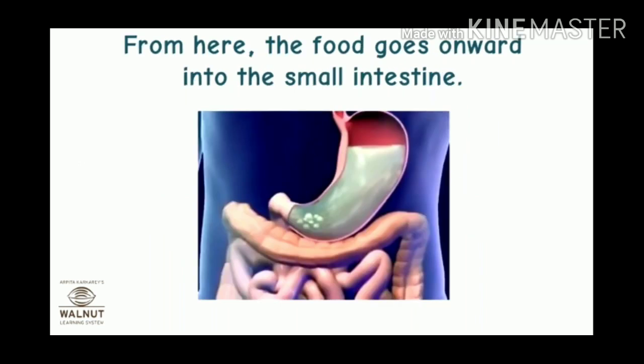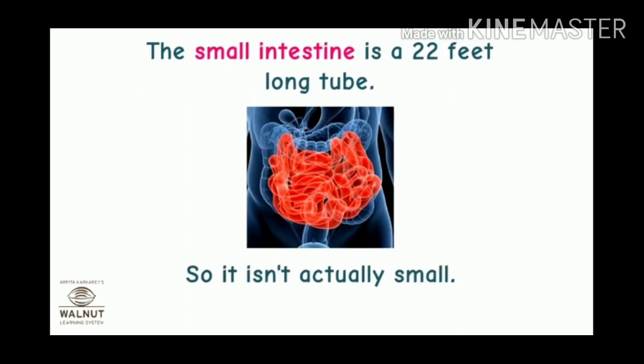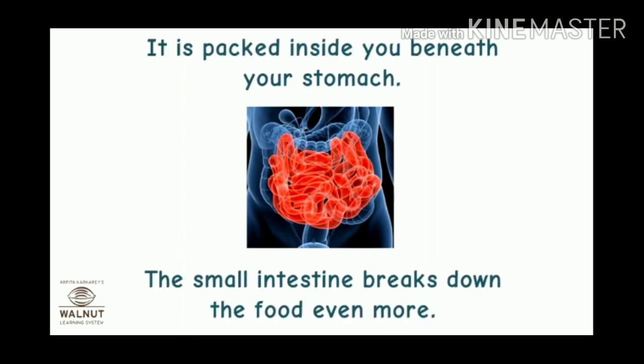So students, from the stomach, the food goes onward into the next part of the alimentary canal, which is the small intestine. This small intestine is a 22 feet long tube, so it is not actually small. It is packed inside you beneath your stomach.